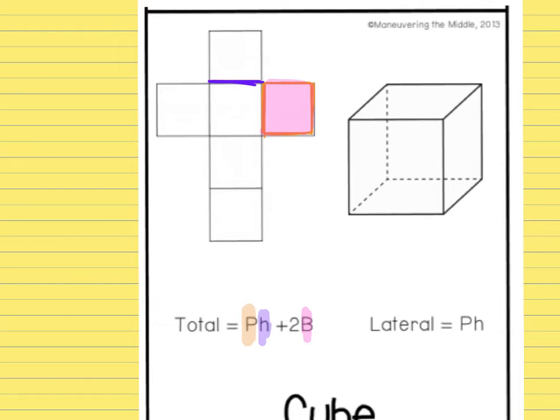And then again, when you have a cube, it really doesn't matter which piece you choose because they're all the same. But capital letter P for lateral, you can just pick a square, trace around it, showing that that represents perimeter.